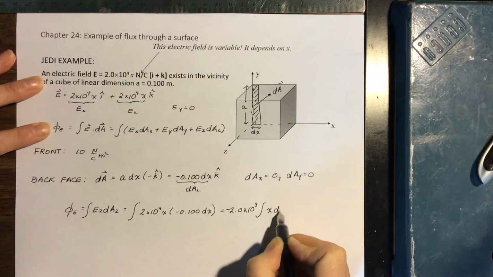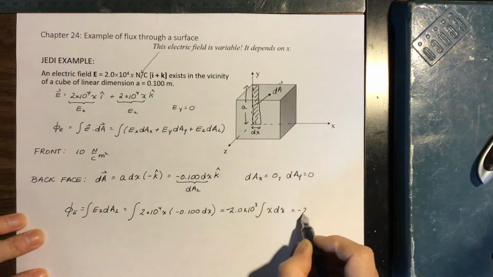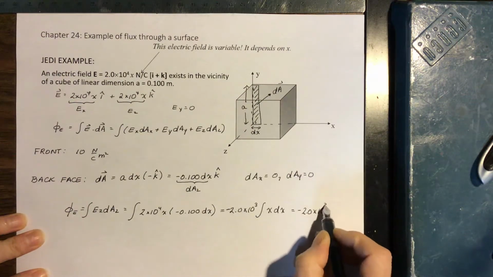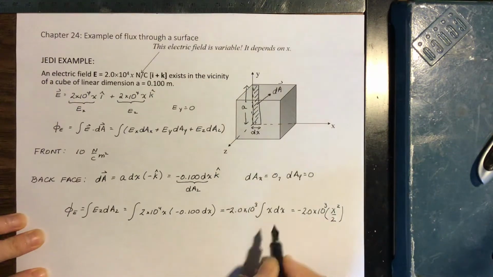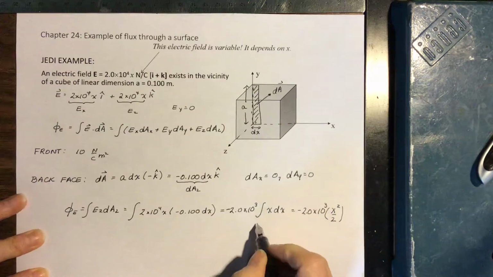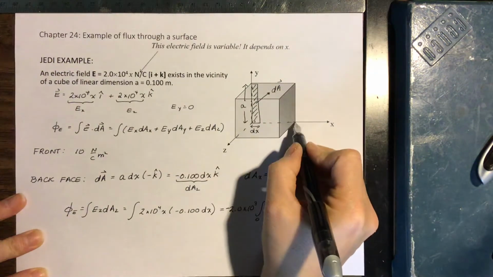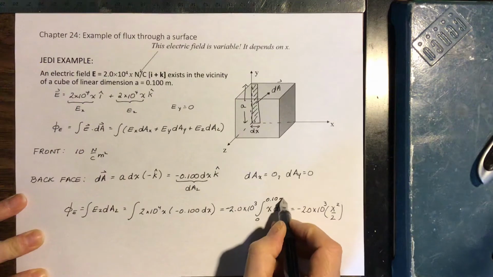Integral of x dx. We know that the integral of x dx is x squared over 2. That has to be evaluated at the limits. So we go from one side of the cube over here where x equals 0 to the other side of the cube over here where x equals 0.1 meters or 10 centimeters.